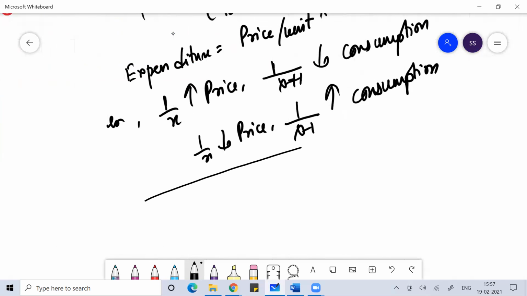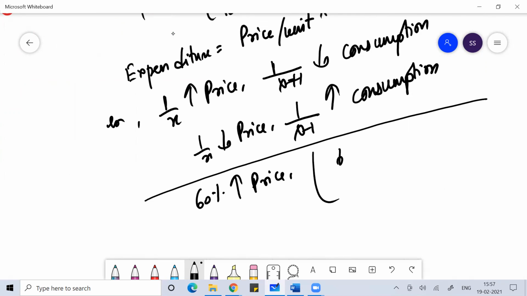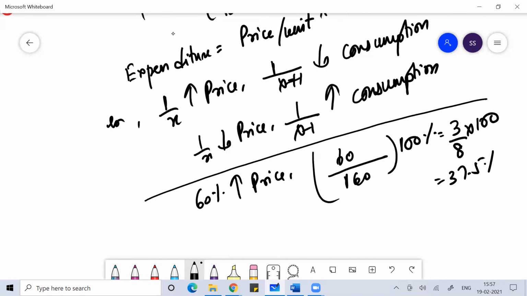Remember this relationship. So 60% increase in price will bring 60 by 160 into 100%, which means 3 by 8 into 100, which means 37.5% decrease in consumption.